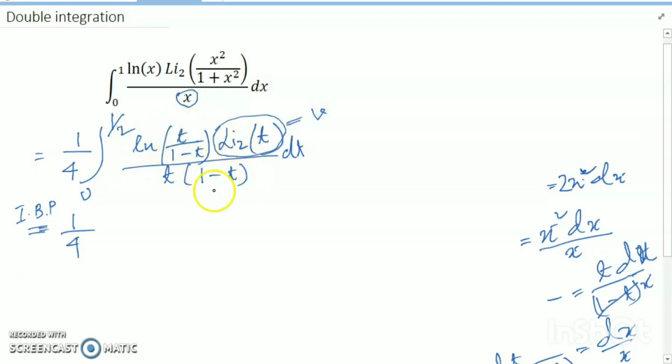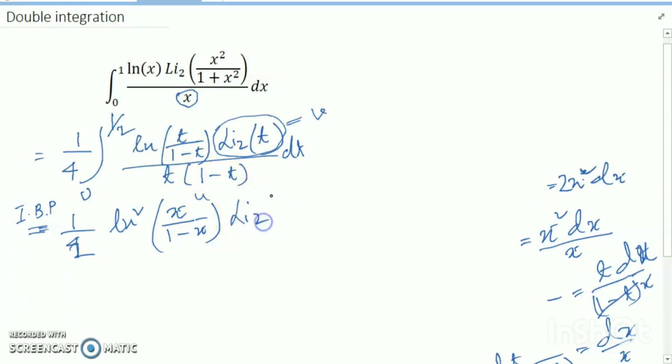Whatever I get is very simple: half into ln square of t divided by 1 minus t. If I take 1 minus t equal to z, then I get this value dz, and Li2 of t from 0 to half.